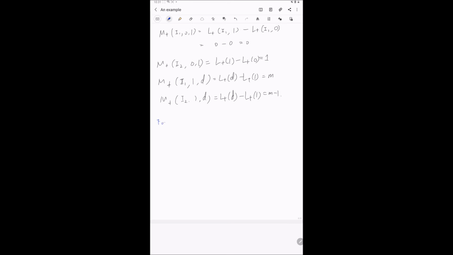In the fourth step, we will use the information above to compute S plus of f, I1 and S plus of f, I2. Remember, these are intervals of integer values.